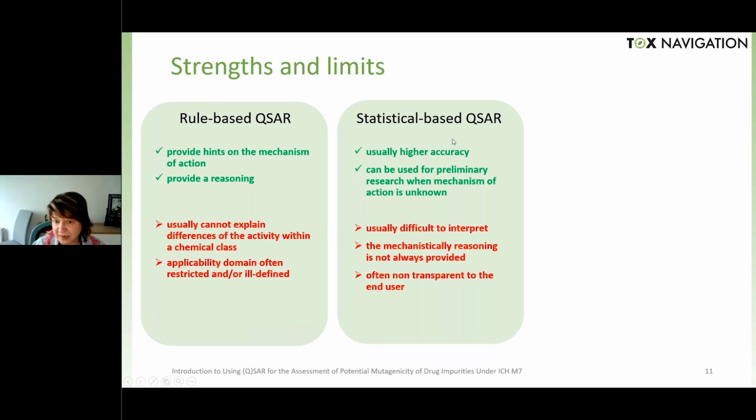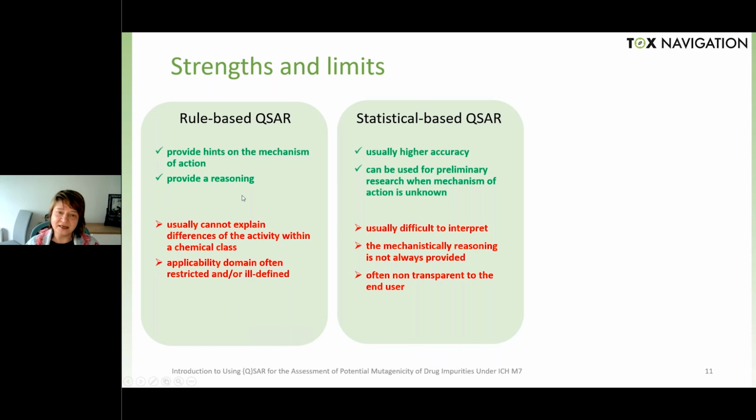With the statistical-based QSAR, the definition of the applicability domain is not a problem. Again, strength and limit. But the main limit of the statistical-based QSAR is that the interpretation is difficult because they don't give information about the mechanism of action. But this is given by the rule-based QSAR.